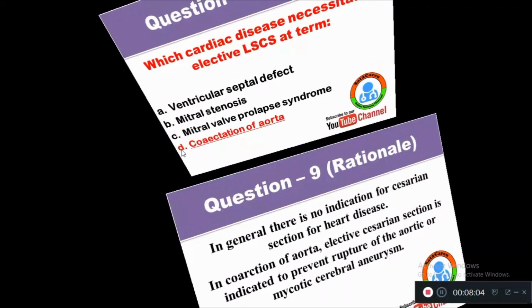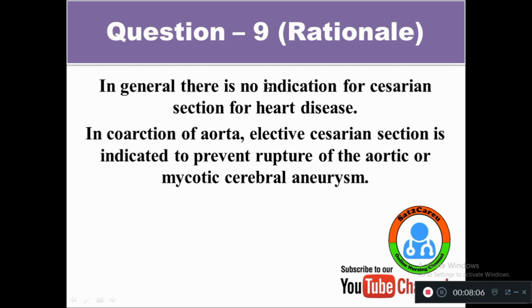The rationale here: in general, there is no indication for cesarean section for heart disease. In coarctation of aorta, elective cesarean section is indicated to prevent rupture of the aortic or mycotic cerebral aneurysm.